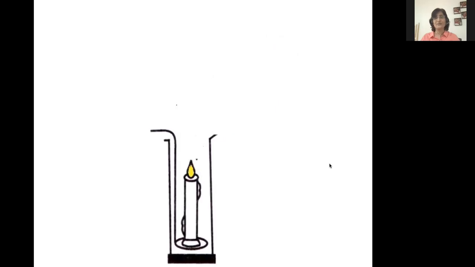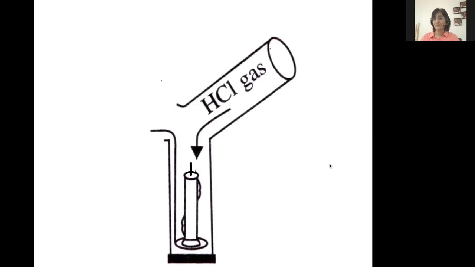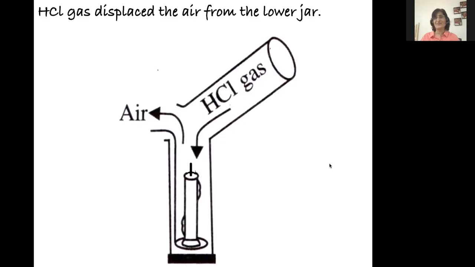Let me show you again. The candle got extinguished. Not only that, the air got displaced. That means HCl gas, being heavier than air, went down into the lower jar, thereby pushing the air out.